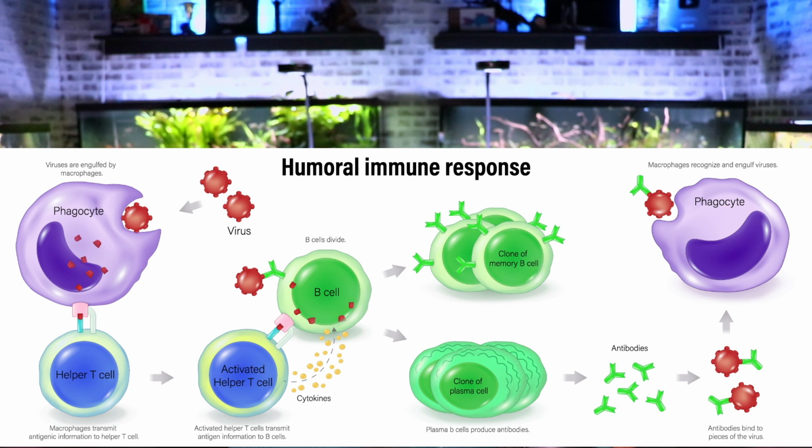That activated helper T cell has already seen this antigen. The macrophage or the dendritic cell showed it off earlier. And so now we've got more helper T cells, and the chances of a helper T cell with that specific receptor recognizing the antigen being displayed via MHC class 2 from the B cell is much higher.